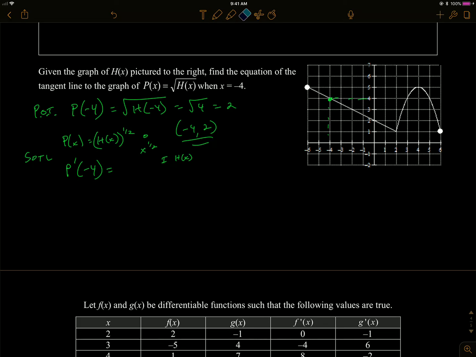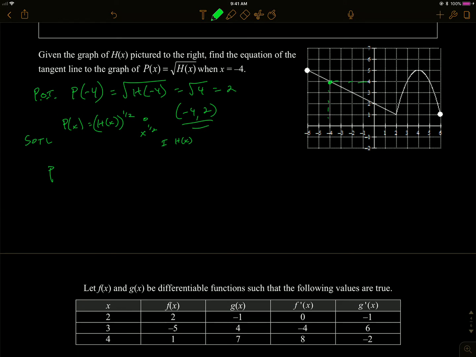All right, so what we're going to do is find p prime of x. Applying chain rule, we do the derivative of the outer, which is considered x to the 1/2, so this 1/2 comes down. I don't touch the inner function. I recopy it. I reduce the power by 1 times the derivative of the inner.